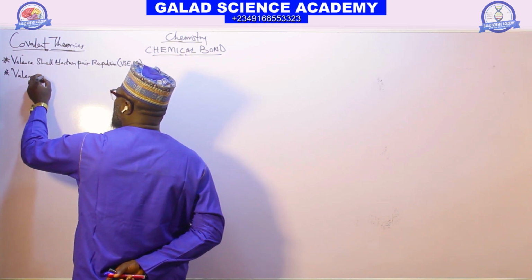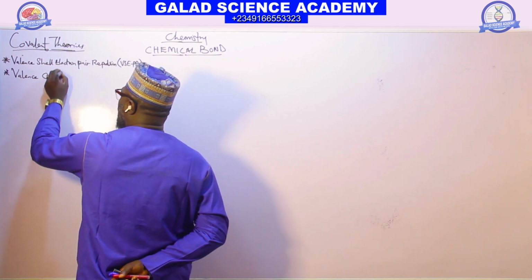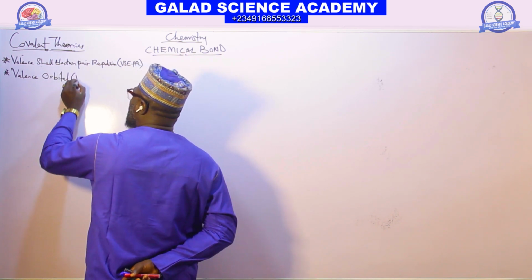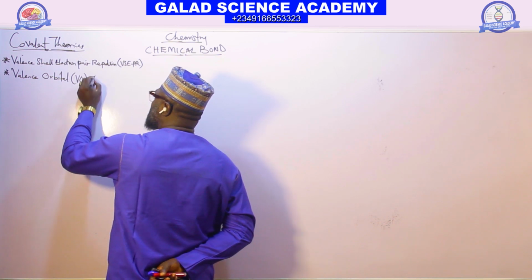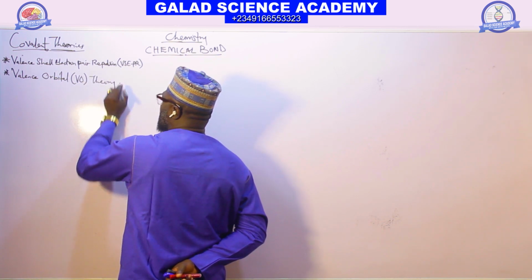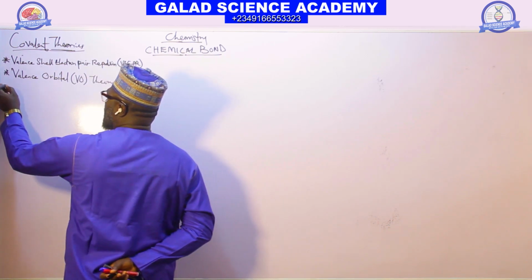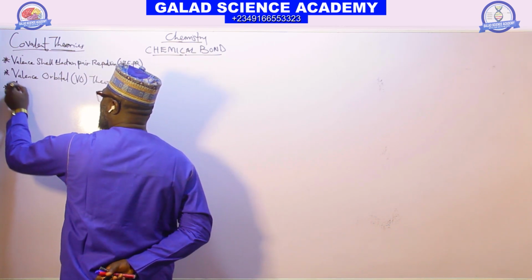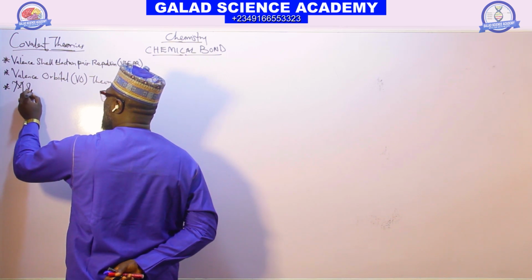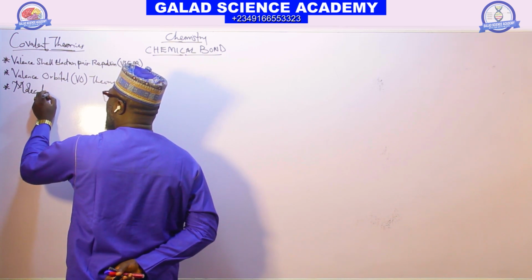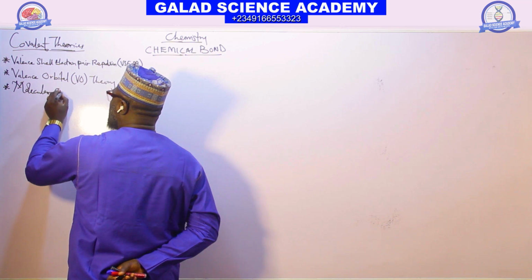The second one we have is Valence Orbital. We call it VO theory. The third one we have is Molecular Orbital.